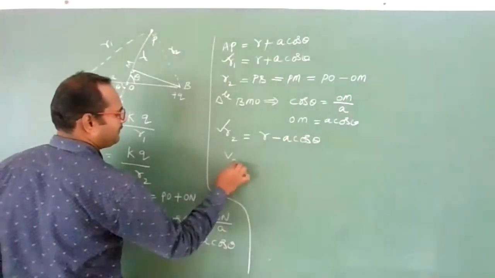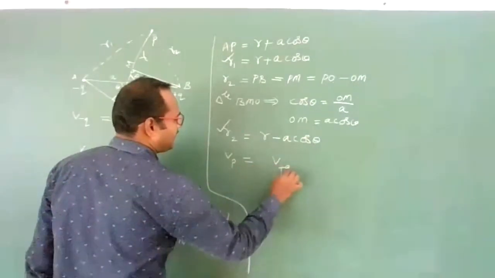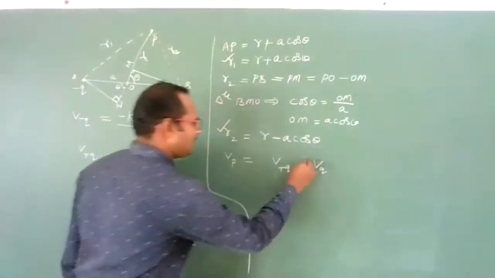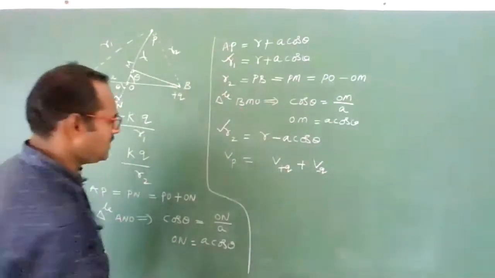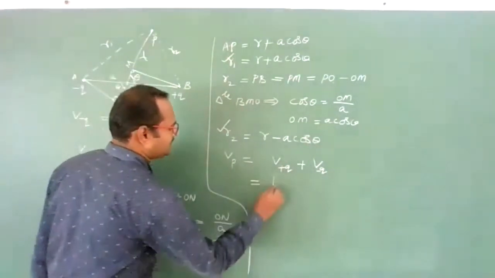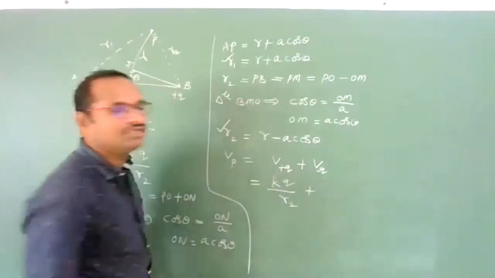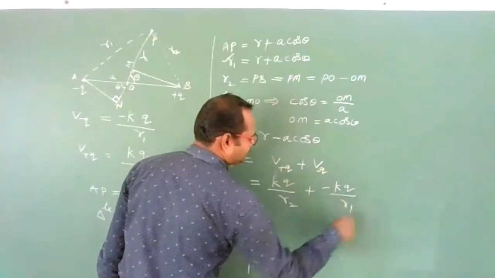Potential at point P can be written as potential due to positive charge minus potential due to negative charge. Or you can say like this, add them, since potentials are scalars. Potential due to positive charge is KQ by R2 plus potential due to negative charge is minus KQ by R1.